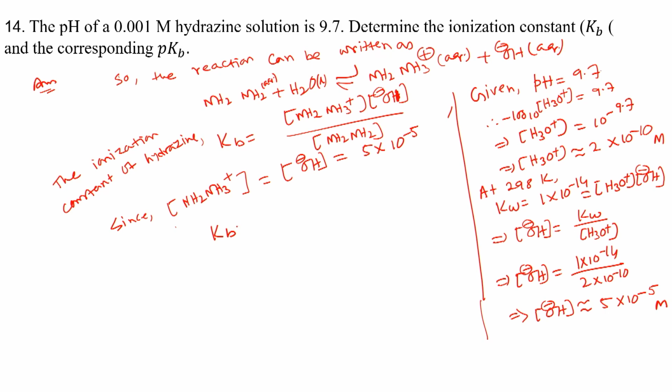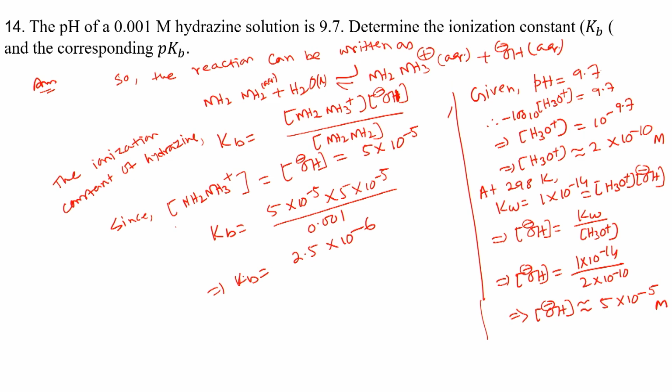So Kb is 5 times 10 to the minus 5 times 5 times 10 to the minus 5, divided by the concentration of NH2NH2, which is also given, 0.001. If we calculate this, we get Kb is 2.5 times 10 to the minus 6. So this is the value of Kb.